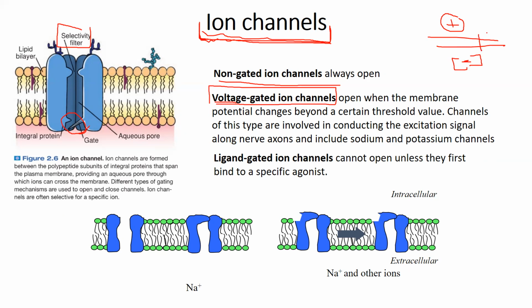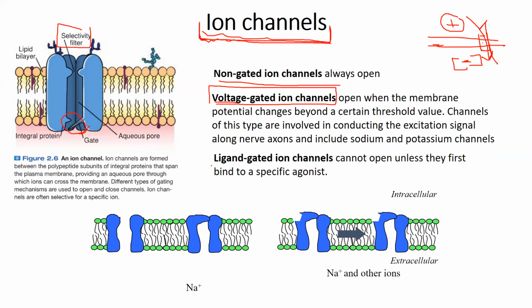And so these ion channels, if there is any change in the membrane potential, would sense this change and open their gate to allow the entry or exit of the ions, okay? So these are called the voltage-gated ion channels, okay?